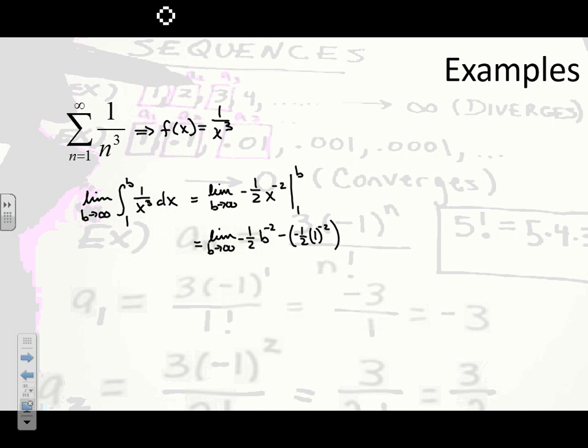So as b goes to infinity, what's going to happen to my b to the negative 2? It's going to go to 0. So the integral would go to 1/2, which means our series converges by the integral test.